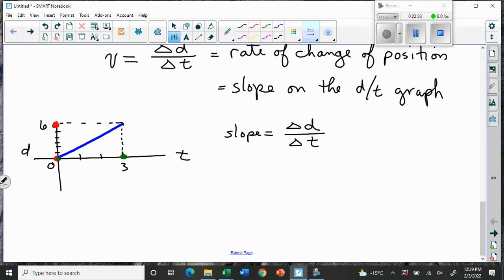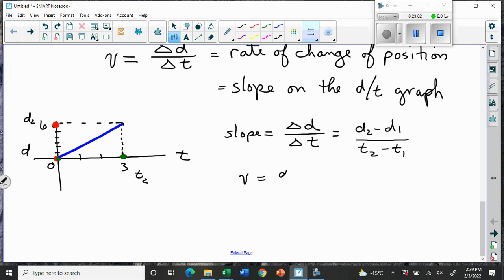And we don't use x and y, we're using d and t. So it just turns into this instead of delta y over delta x. This equals d2 minus d1, and this equals t2 minus t1. And if we look at the picture, remember this is the D2 up above, and the D1 is the 0. And this is the T2 right here, and T1 is the 0. So what happens is we get this.